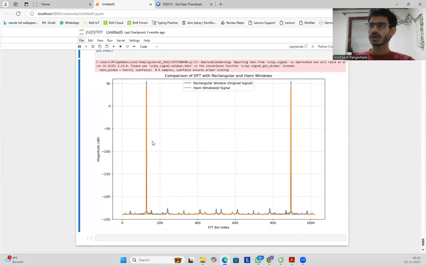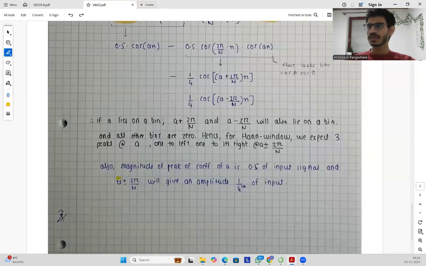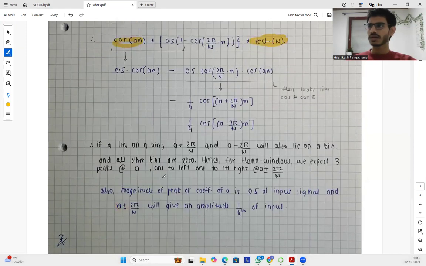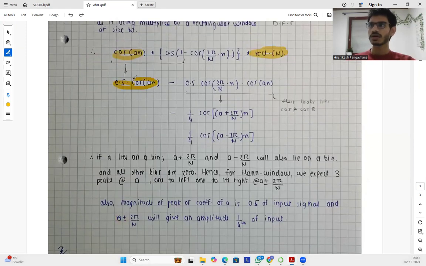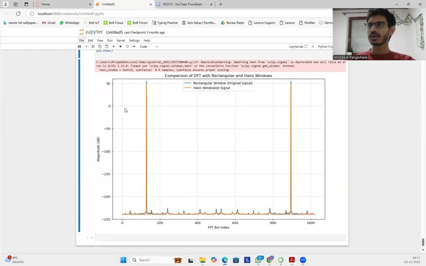As we discussed, this contributes half of the main signal, so it is reduced by 3 dB. We can see over here, this is minus 3 dB, and for the other two it is minus 6 dB.